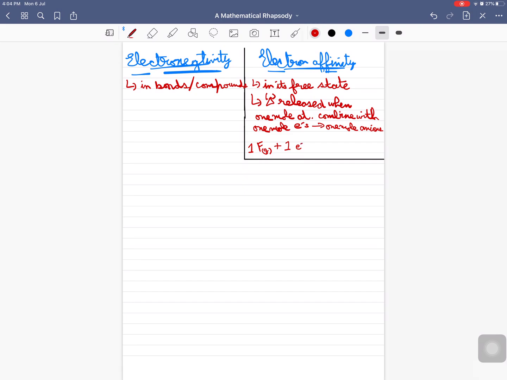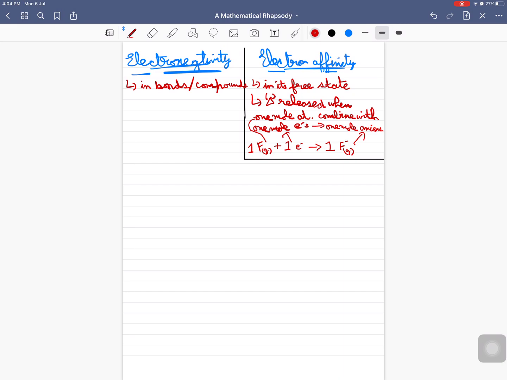This is not 1, this is 1 mole of electrons, which give us 1 mole of F minus gaseous. This is the anion here, this is the atom here, and these are the electrons.